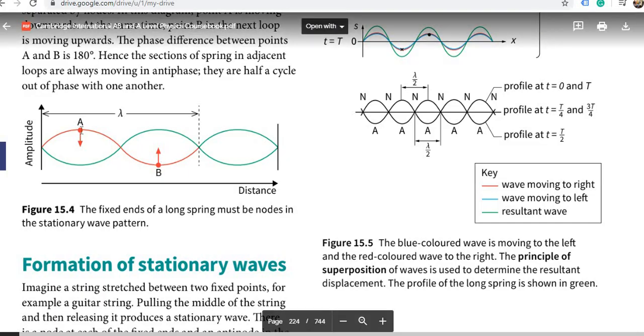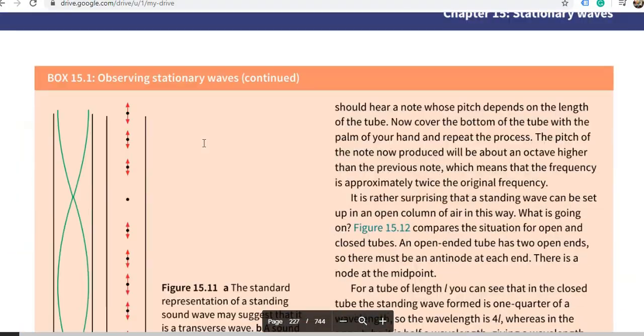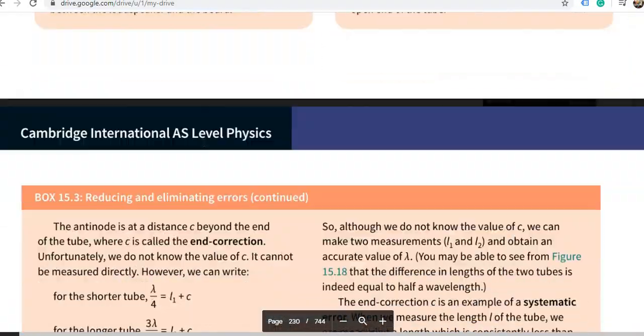But if you go from a node to an antinode, it's a quarter of a wavelength, or from an antinode to a node it's a quarter of a wavelength. That is what that point in the summary means. Let's go back to the summary quickly.